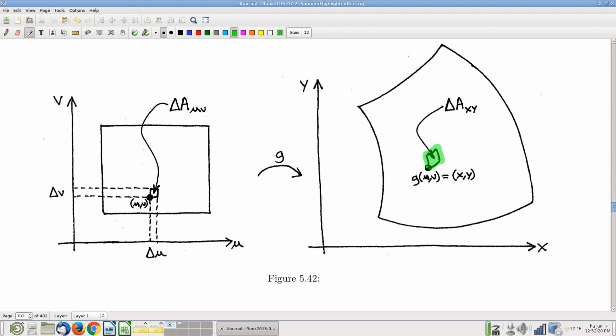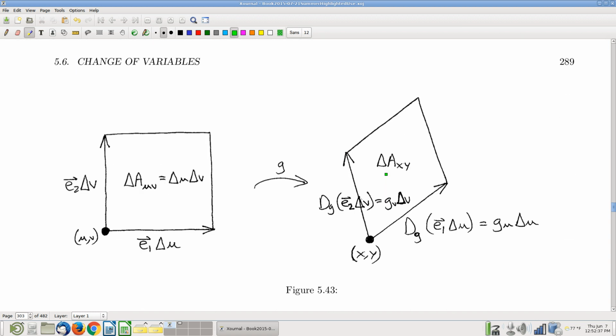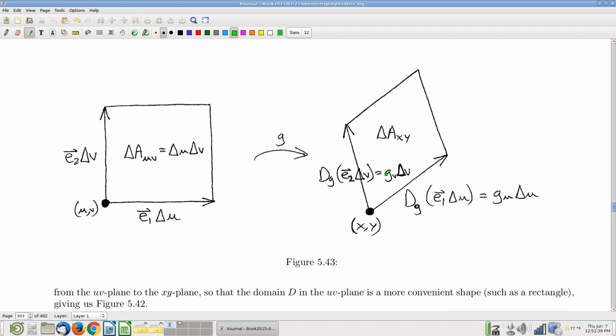Presumably something kind of like a little parallelogram, like I've drawn here. And I want to know, what's the factor that I multiply by this area to get that area? That will be our stretching factor. And it turns out to be a pretty straightforward calculation. Here's how it goes. Let's just recognize that the rectangle that we're starting off with is defined by certain vectors.